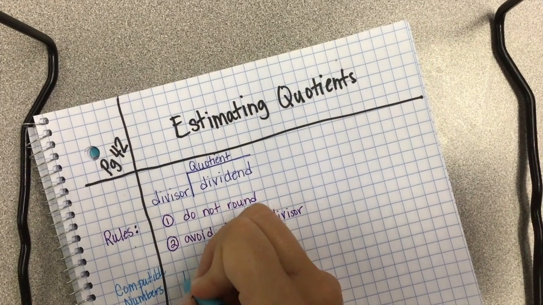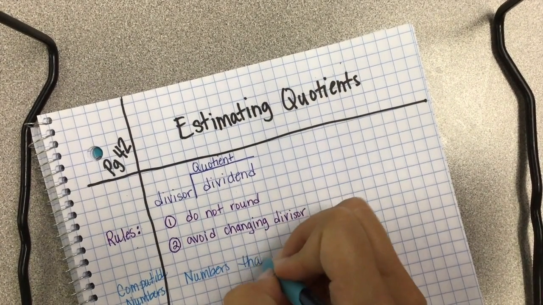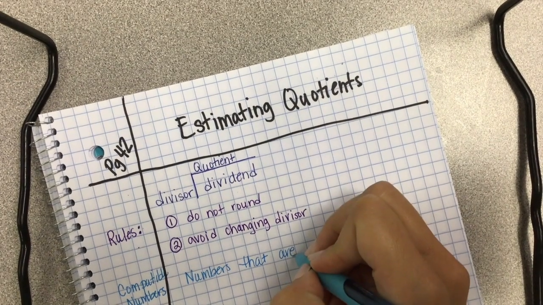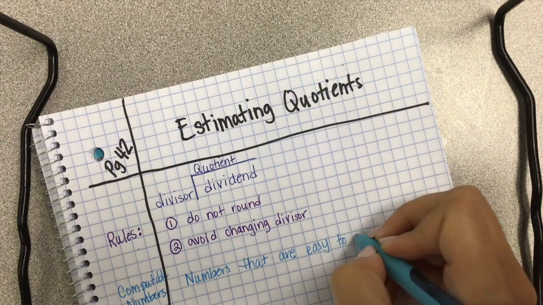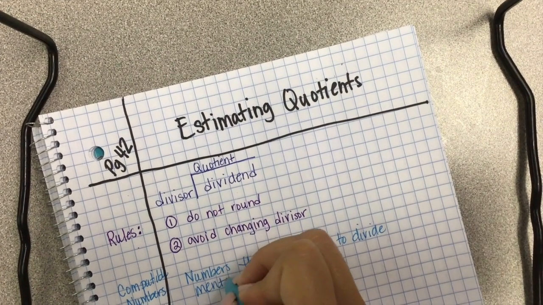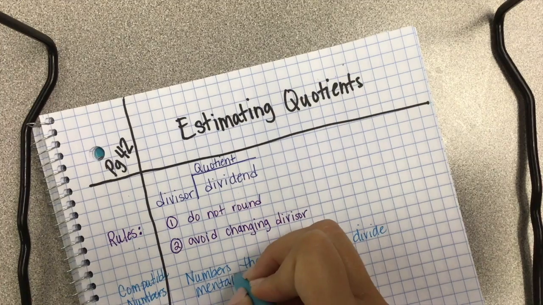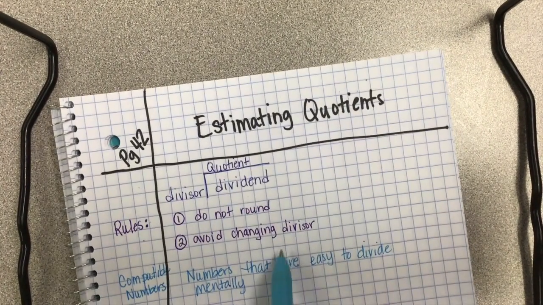These are numbers that are easy to divide mentally. It's so much easier if you know compatible numbers versus rounding.